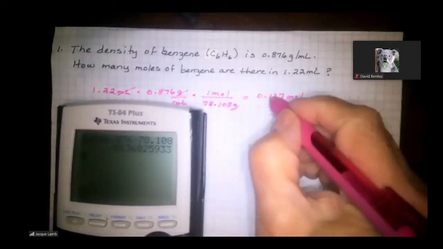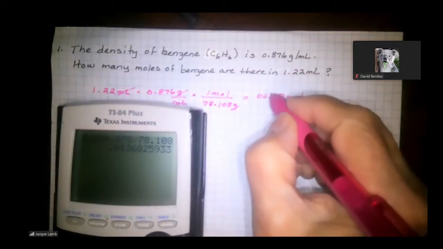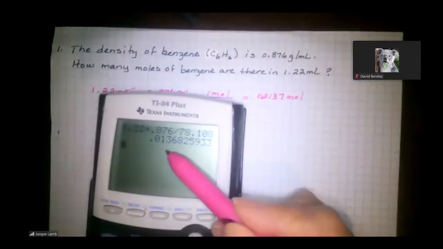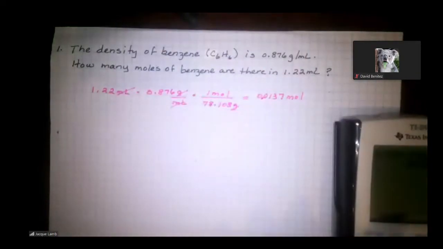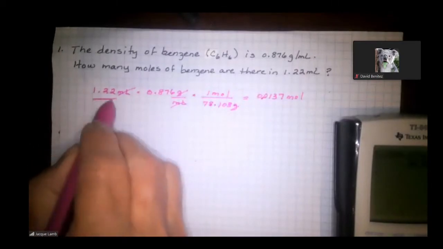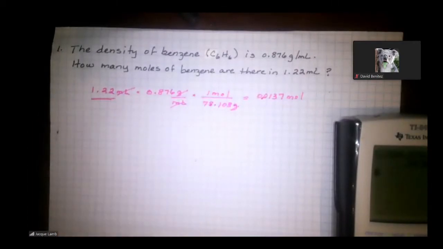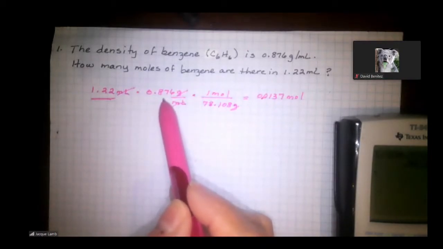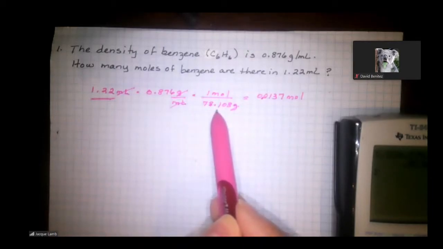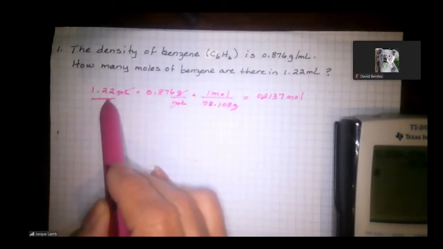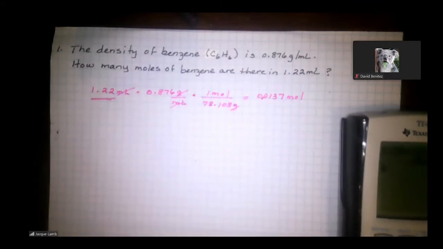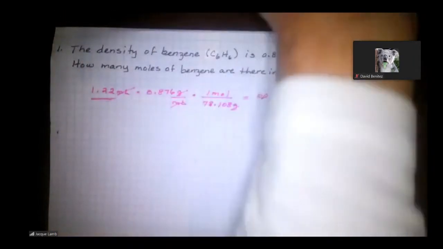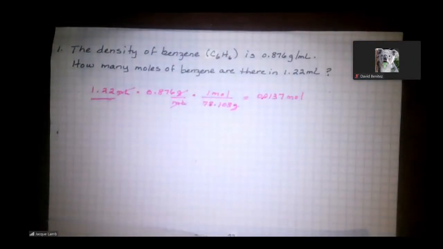Yep, there's a 0 missing. There we go. You'll notice that it's going to give me a very long number, but I am limited to 3 sig figs because my initial volume measurement was 3 sig figs. I also have 3 sig figs in the density, but this might be more variable. I have more digits in the molar mass, but your real limit is going to be in the measurement that you took, which was 1.22 milliliters.